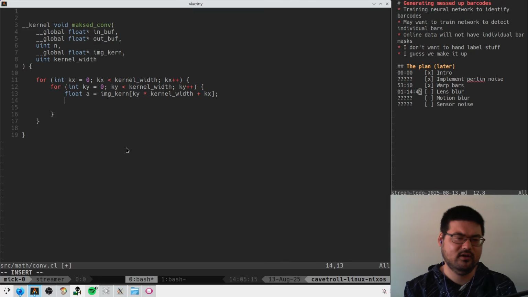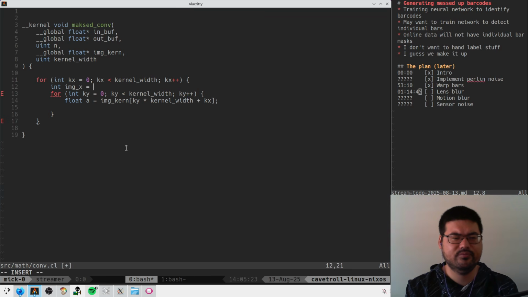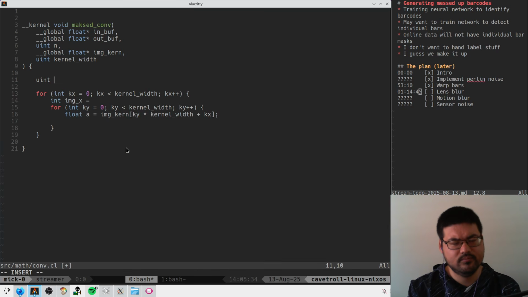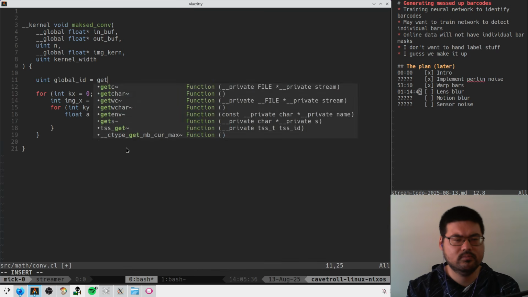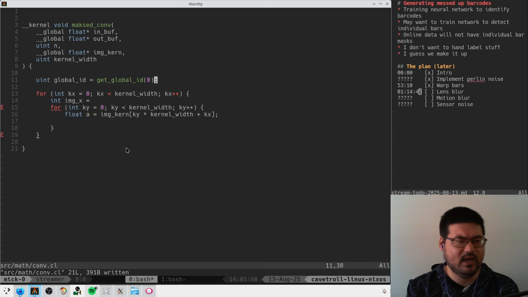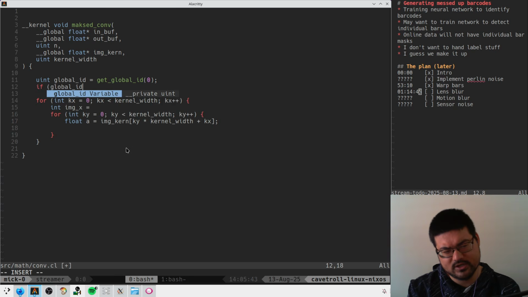We have like int image x is... we have our global ID. Right, we have, if this is out of range, do nothing.